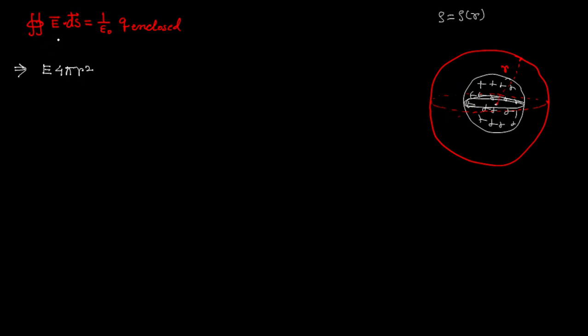Well, when we replace this integration by this result, we are actually making two important assumptions. So what are these two assumptions? First of all, on the Gaussian surface, we are assuming that at every point the electric field is always along the direction of the area vector, that is, along the radial direction.